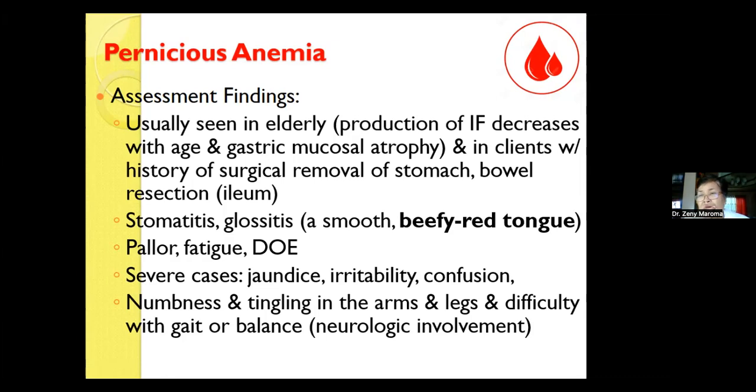At dahil may mga singaw siya, there are cracks in the corners of the mouth. So therefore, patient can have alteration in oral mucous membrane or hindi siya makakakain. Imbalance nutrition, less than body requirements. Ito, numbness, tingling sensation. There's ataxia, risk for fall injury, o kaya risk for burn injury. Ayan ang mga pertinent nursing diagnosis.